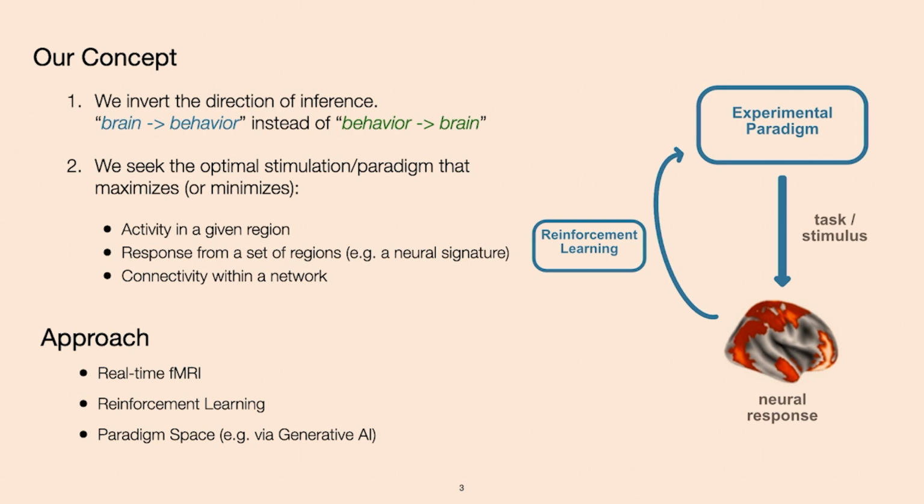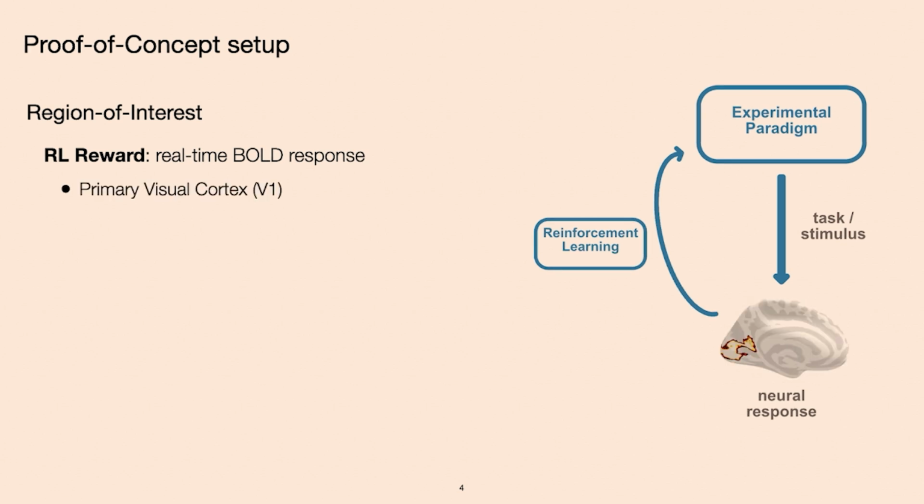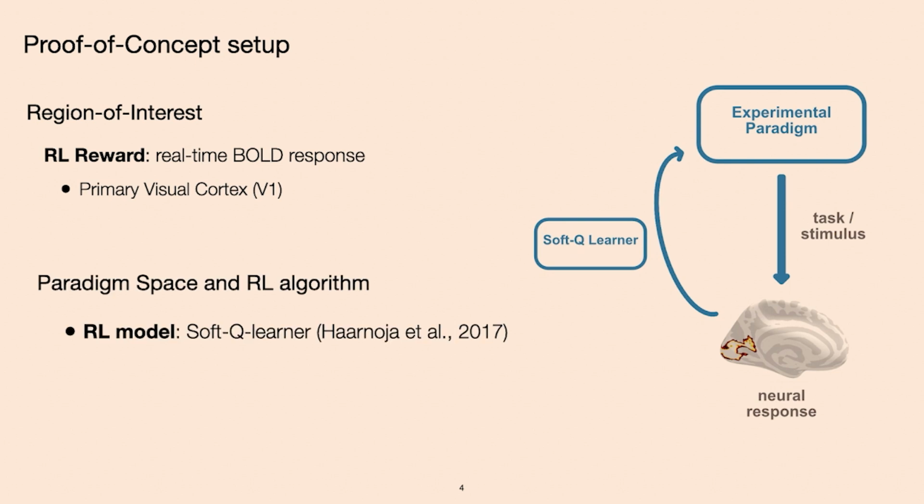And actually the latter is what we do here, because here we present a very, very simple proof of concept, so no fancy generative AI models. What we do here is we use the real-time BOLD response in the primary visual cortex, and we feed it to a reinforcement learning algorithm that is a very, very simple soft Q learner, a very simple textbook reinforcement learner.